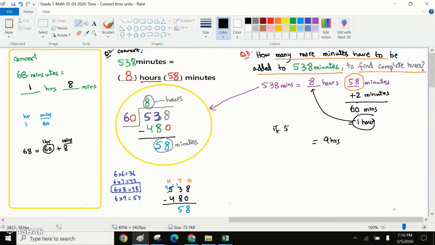If 538 minutes plus 2 more minutes, they round off to 9 hours. Agreed? Do we agree on this? See, what I'm trying to do is relate how many minutes are less in 538 to make it a complete hour, right? That means 2 minutes were more required.